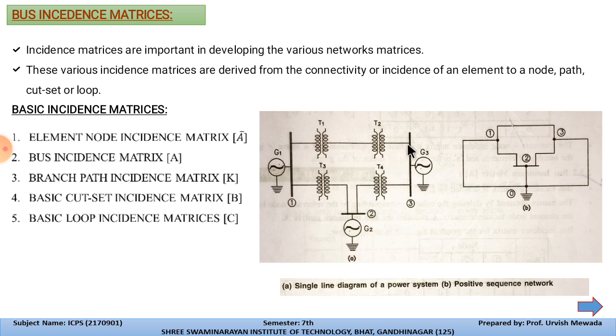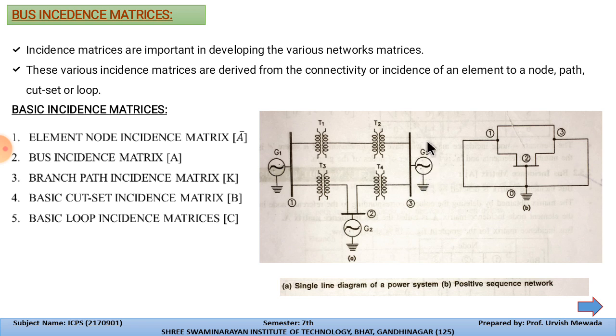Then with this line we have T3, which is connected with bus number 2, and on bus number 2 we have one more generator, G2. The line of G2 is connected with transformer T4, and T4 is connected with bus number 3, and at bus number 3 we have the generating station, generator 3.